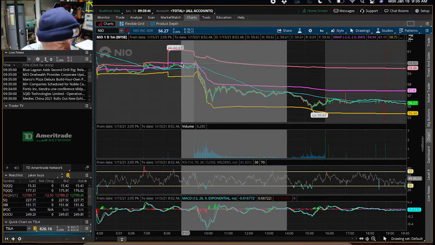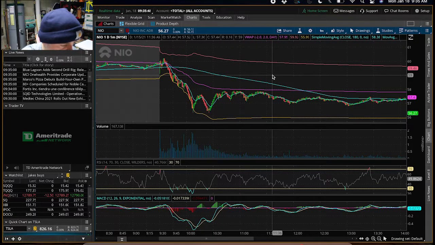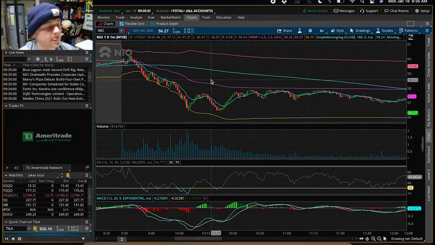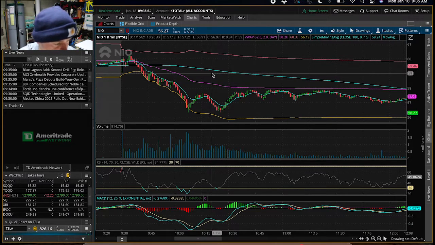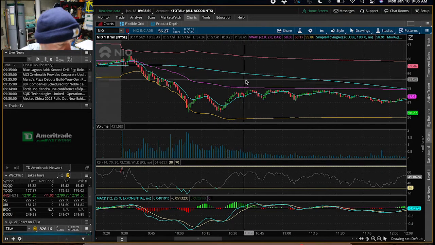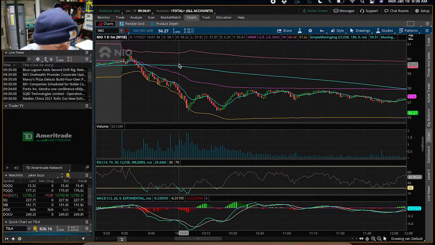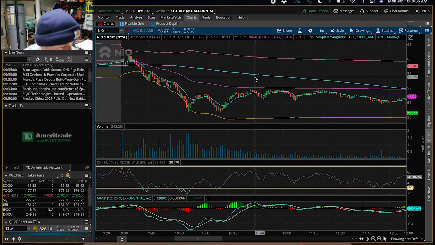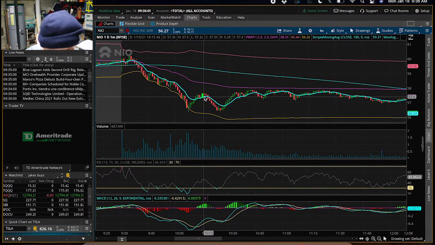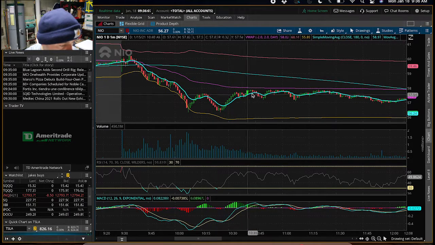So you see here, let's zoom in a little bit. The line at the top, this blue line here, that is your simple moving average on 180 days. And this blue line moving here is your exponential moving average.